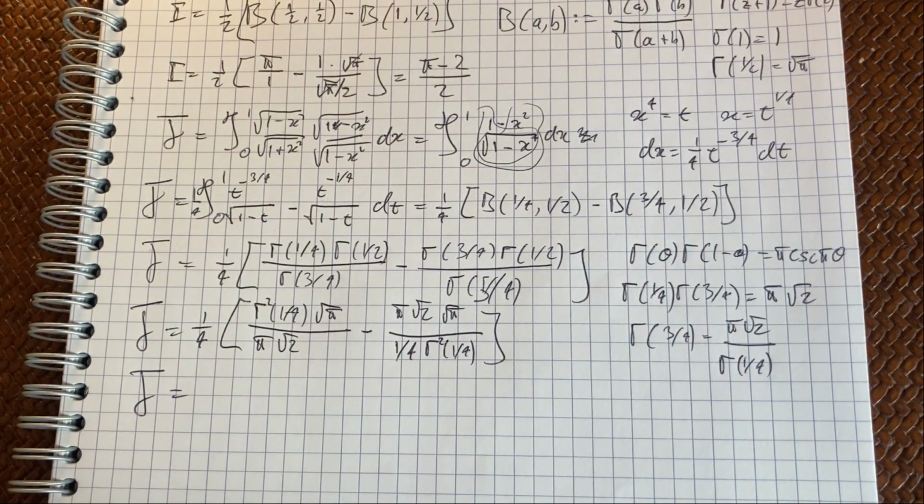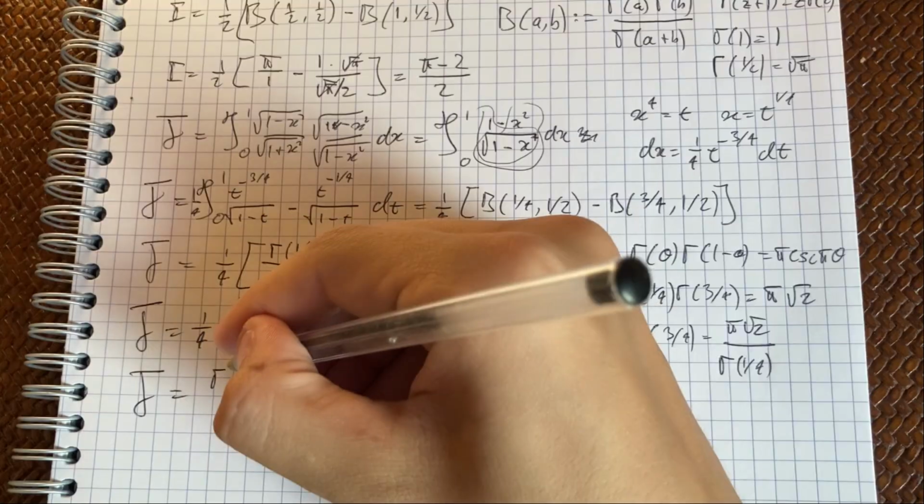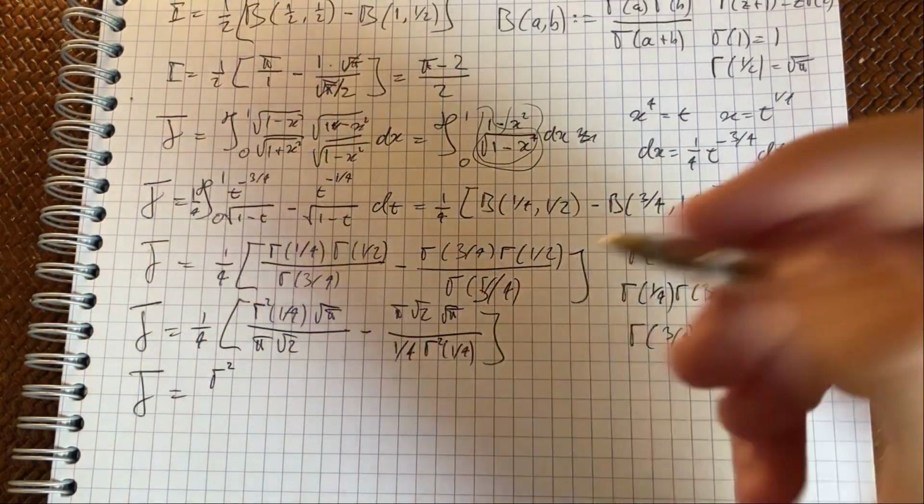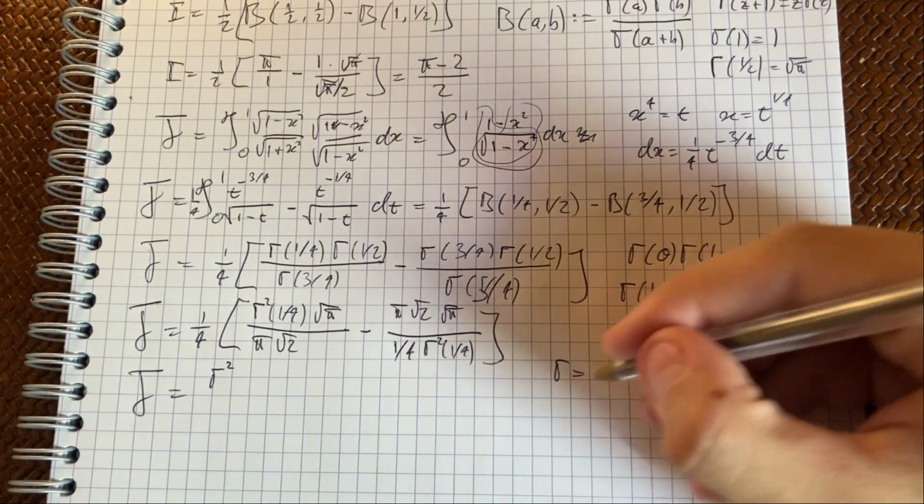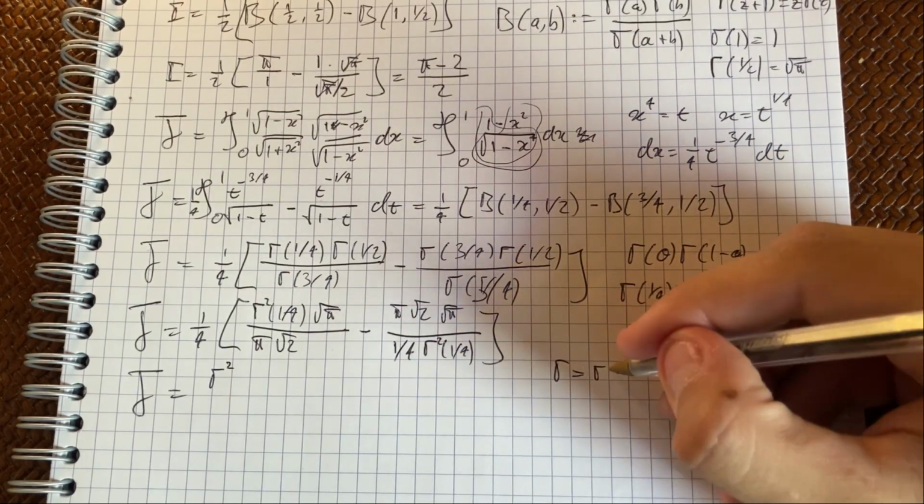And then we can just write again our integral j as one big fraction. In here you have gamma squared. I will just let gamma be a constant equal to gamma 1/4.